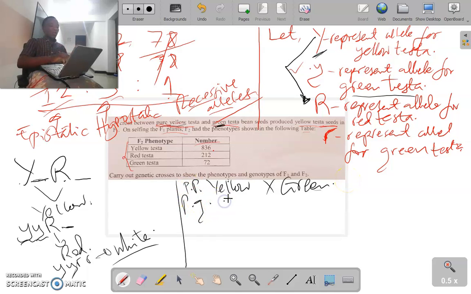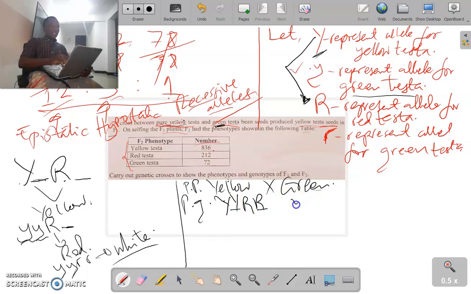But for this yellow, we must have caps Y, anything else, and then we must have caps R, anything else. Since all the F1 individuals were yellow, this yellow parent should be as homozygous as possible, and it has also been stated that they were pure yellow, so we must put caps Y and caps R there.